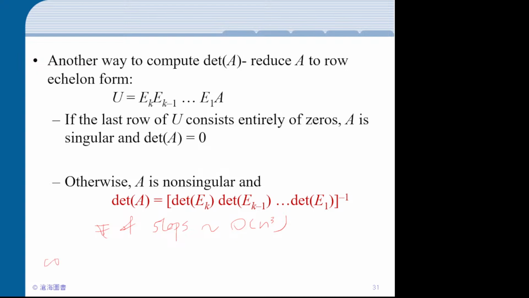and if you do cofactor expansion, then the number of steps is about order, so you have n times n minus 1. You have n terms when you do expansion, and for each n minus 1 cofactor, you need to do n minus 1 times n minus 2, and so on.